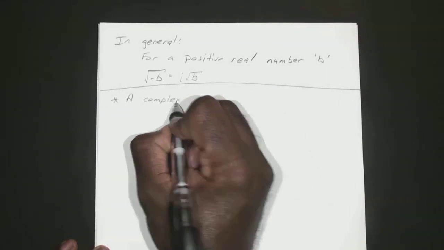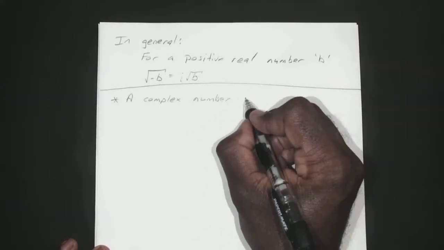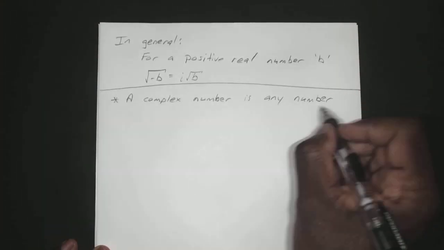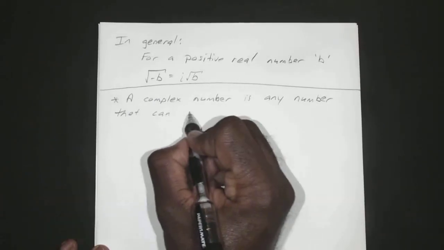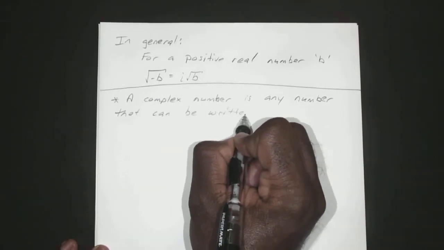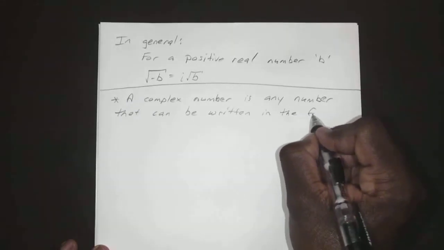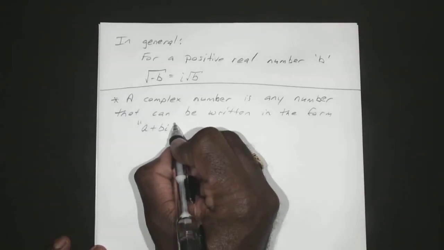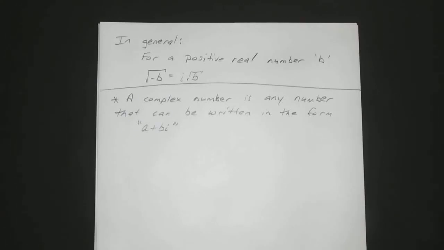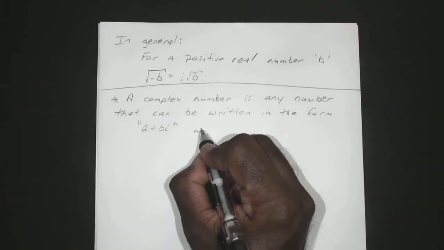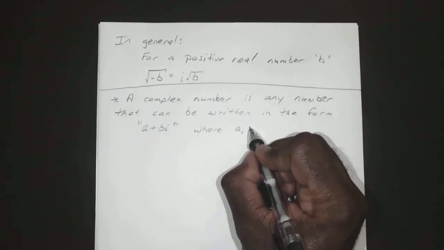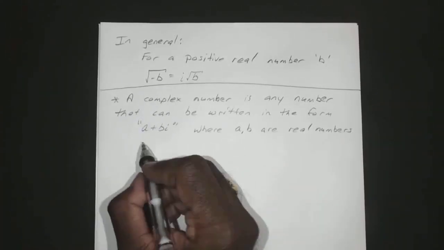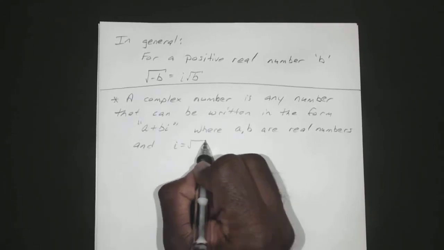So a complex number is any number that can be written in the form a plus bi, where we know that a and b are real numbers, and we know that i is equal to square root of -1.